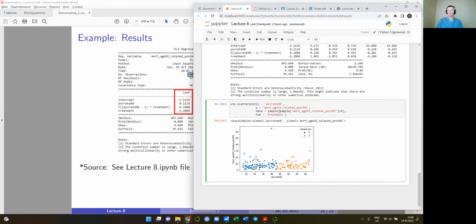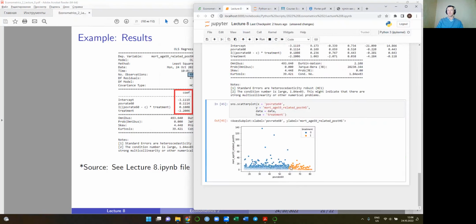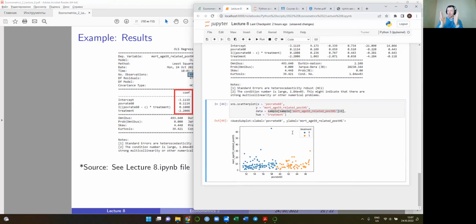Because look, if I build the same for the whole data, you will see something like this. Look, this is nice. The whole data, and the poverty rate differs from, I guess, 0 to almost 80%. But we concentrate only on this sample of counties who are very close to the border between treated and not treated counties.